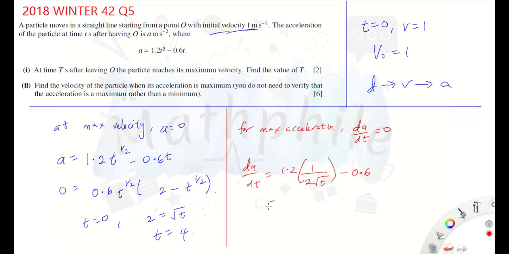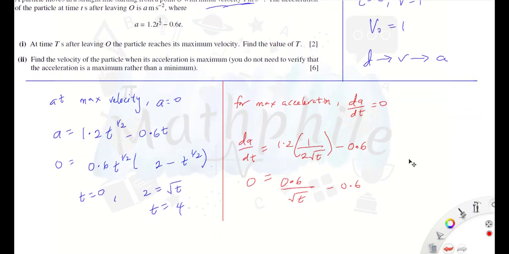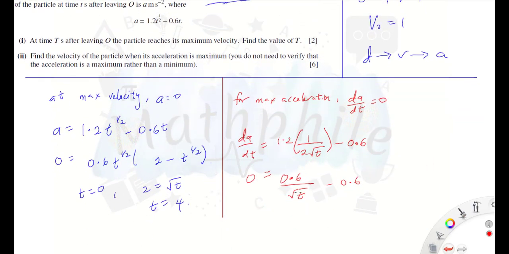So there's 1.6 over root t minus 0.6, and this is equal to 0 because da/dt is equal to 0. I think this should be 1. I don't need to solve this because it's only when t is equal to 1 that this is 0.6 minus 0.6, which equals 0. So t is equal to 1.